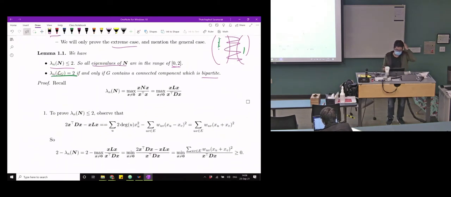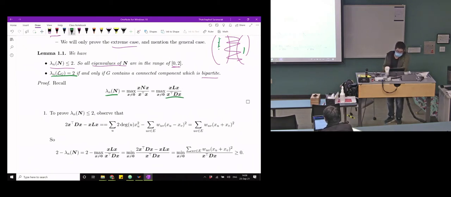So first, just by the variational characterization of eigenvalue, recall that lambda n is the maximum ratio of the Rayleigh quotient, which you can rewrite as this thing.